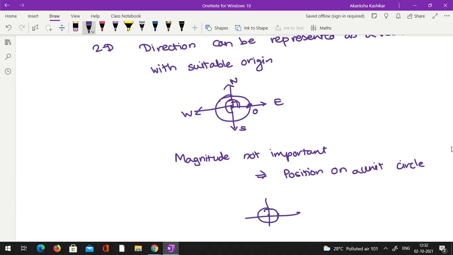Here I can put whatever points I am interested in as per their angle. In 2D, this is called circular statistics. Why circular? Because we can study them by putting them on a unit circle. Is it okay?